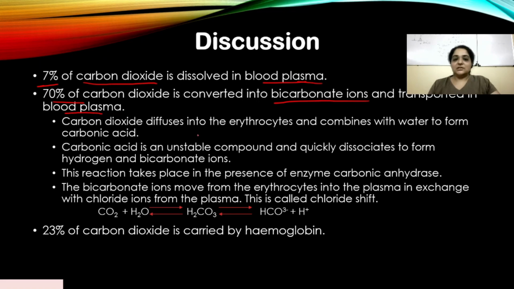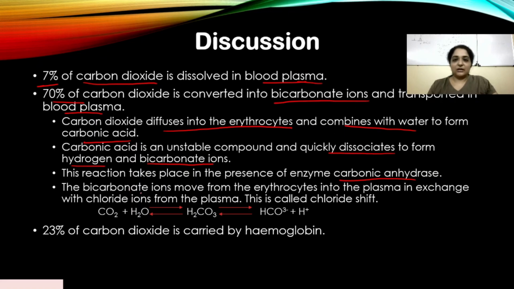Carbon dioxide diffuses into the erythrocytes and combines with water to form carbonic acid. Carbonic acid is an unstable compound and quickly dissociates to form hydrogen and bicarbonate ions, and this whole reaction takes place in the presence of the enzyme carbonic anhydrase.